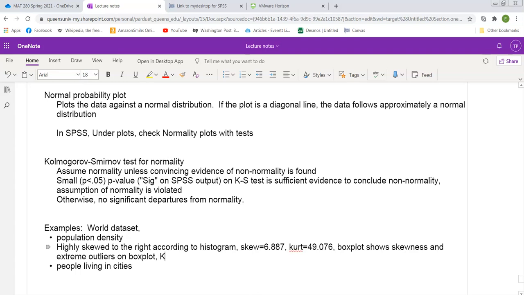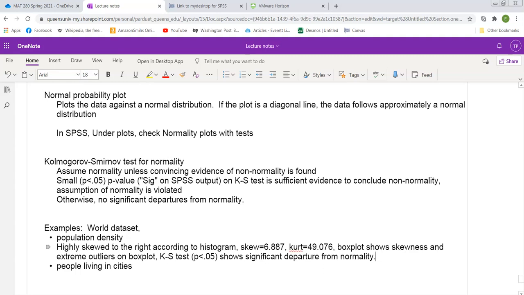And according to the Kolmogorov-Smirnov test, it shows a significant departure from normality. Now you're going to talk about that in a little bit more polished language, but here's roughly what I would say.